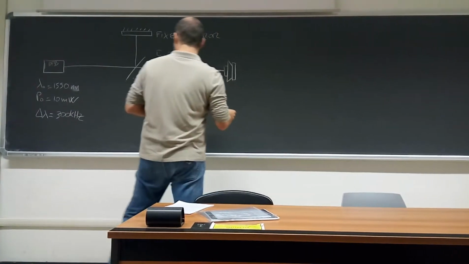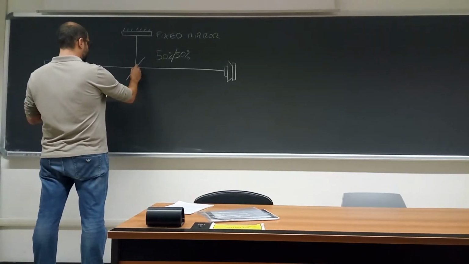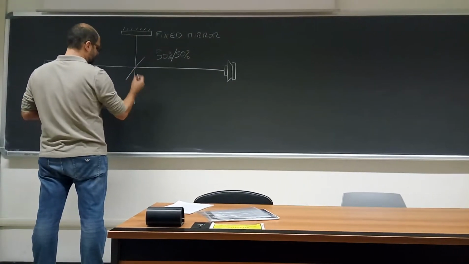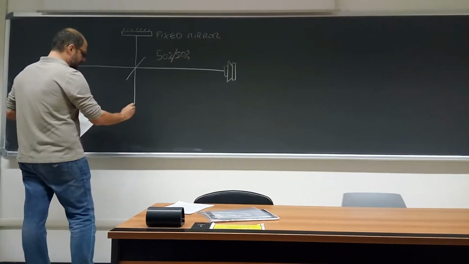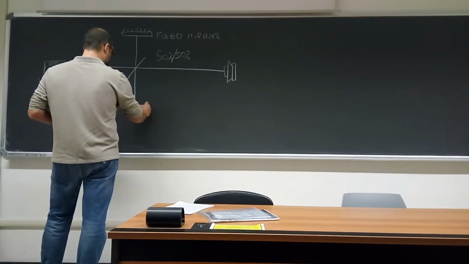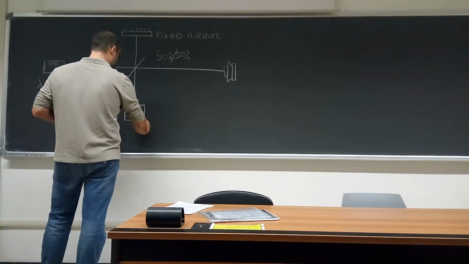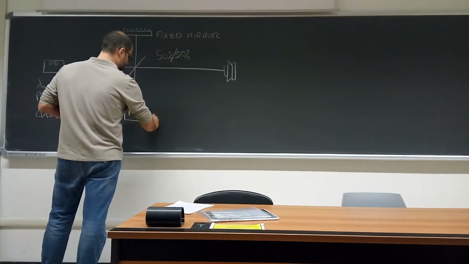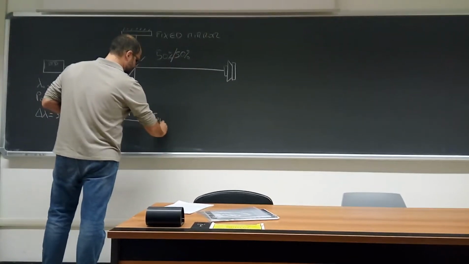Of course. Then you have a composition of the two electric fields, the measuring one and the reference one. Then you go onto a photodiode. You get the photodetected current.